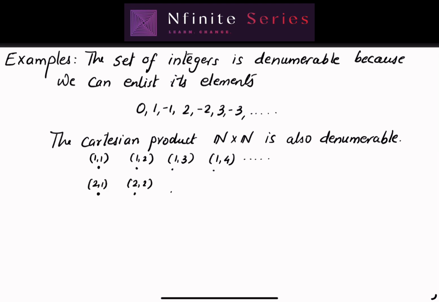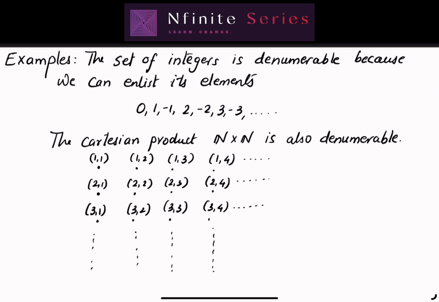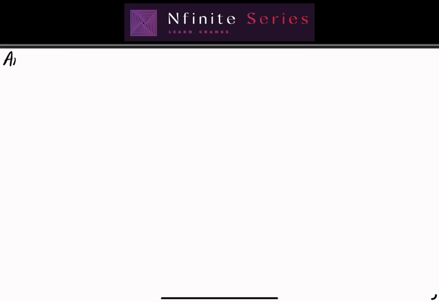And then you also have (2,1), (2,2), (2,3), (2,4), and so on, going on like this. Now, it is easy to specify a procedure to count each of these elements. You follow these lines and you will be able to count each and every element of this set.